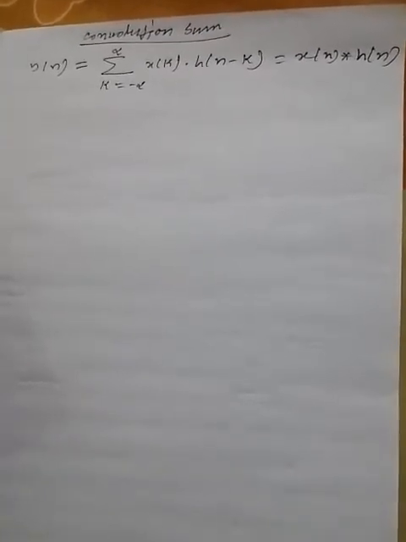Now we have to do convolution. There are two methods of doing convolution: number one is the graphical method, number two is the matrix method. At first we describe the graphical method. Let us take an example.